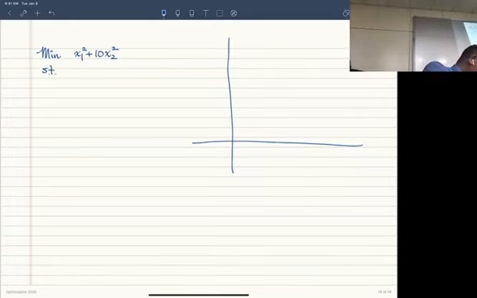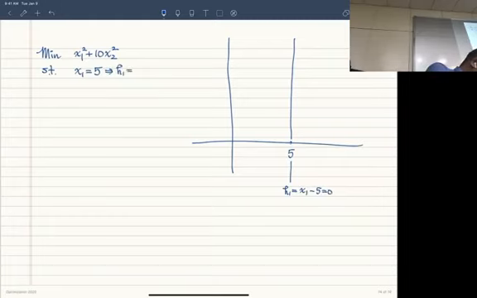Let's say x1 must be 5. So here is 5. This is my H1. H1 is x1 minus 5 equals to 0.